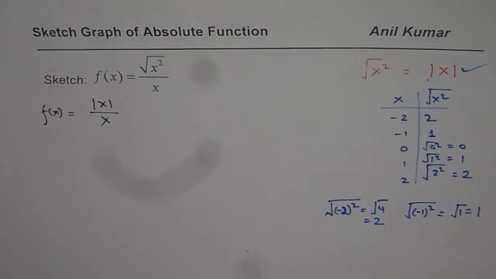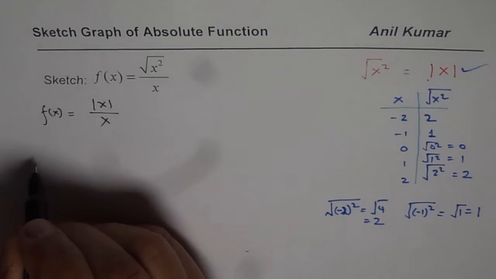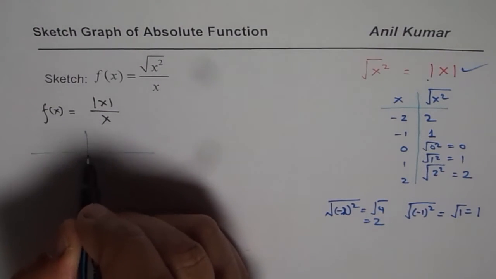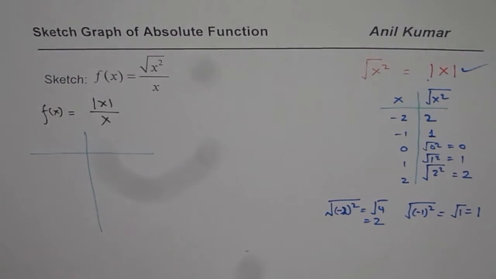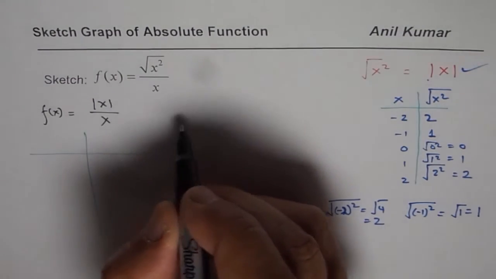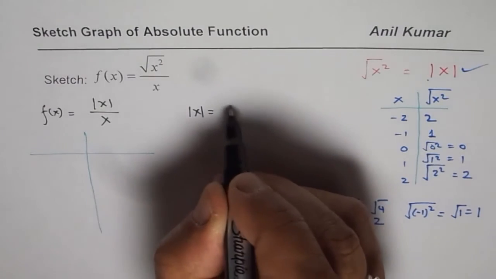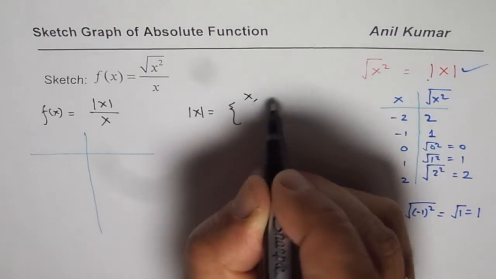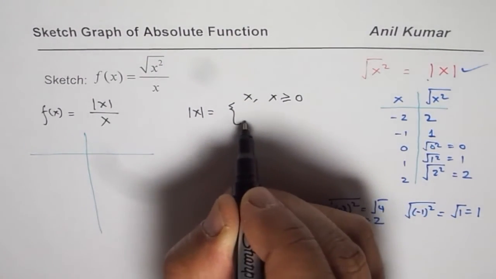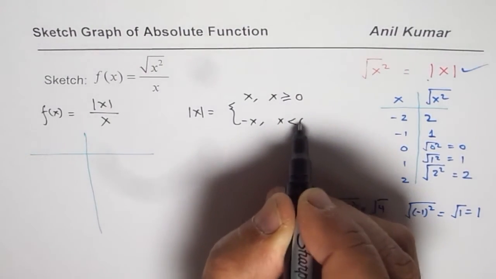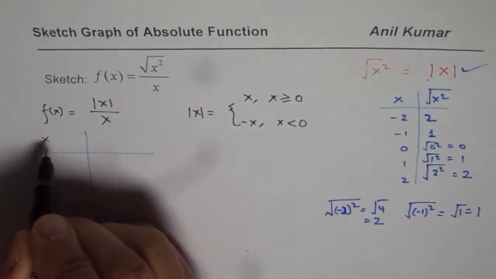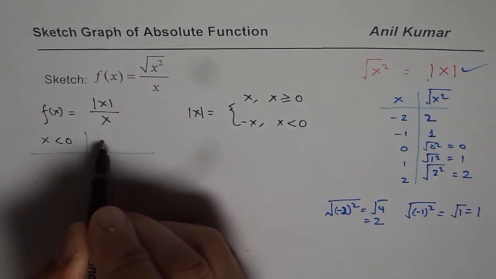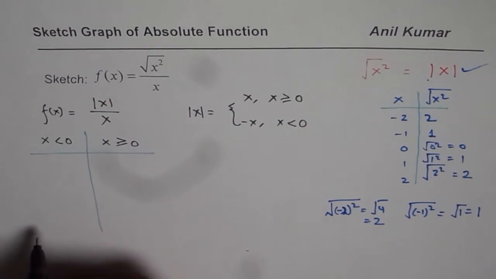Whenever you have an absolute function, you have to consider it as a piecewise function. Absolute x is defined as equal to x when x is greater than or equal to 0, and it's minus x when x is less than 0. Therefore, we always consider two parts, x less than 0 and x greater than or equal to 0.